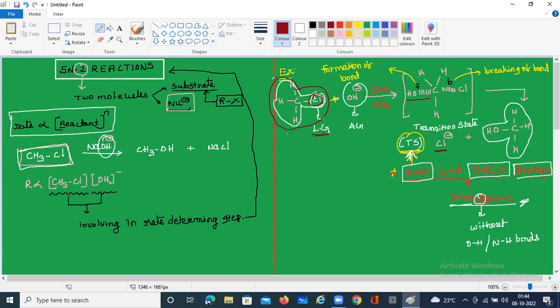The reactivity of this substrate, which can participate in the formation of the product, is mainly dependent on the formation of the transition state, and this in turn is mainly dependent on steric hindrance.